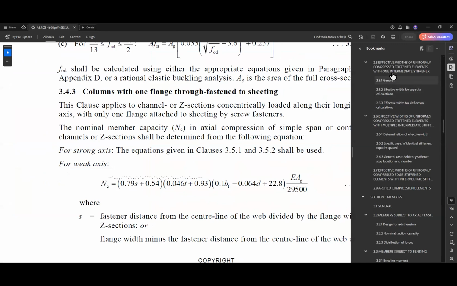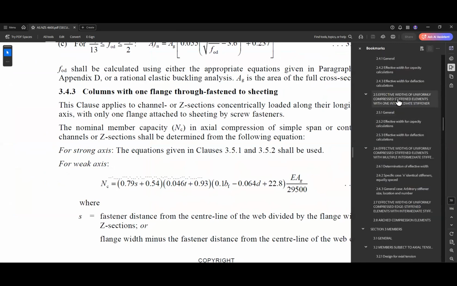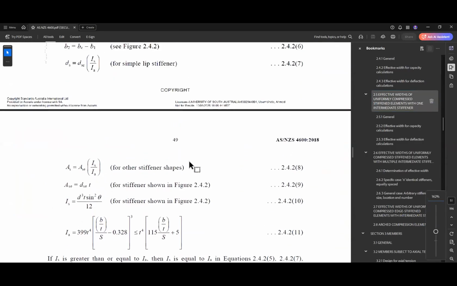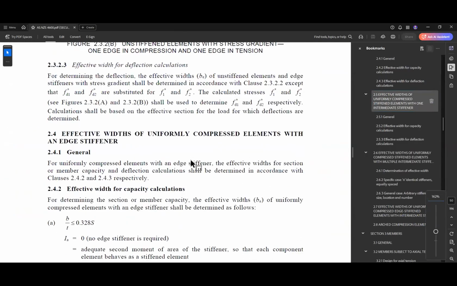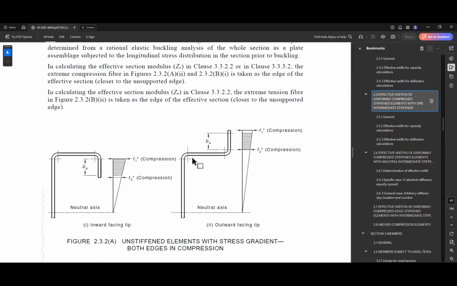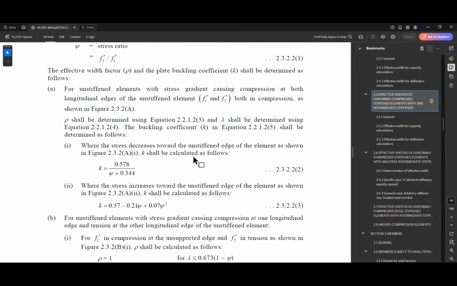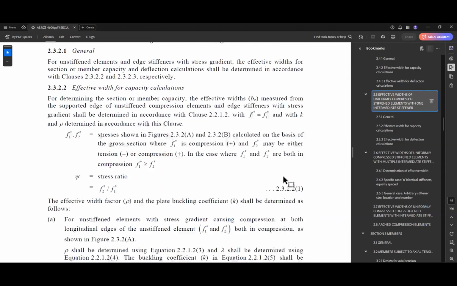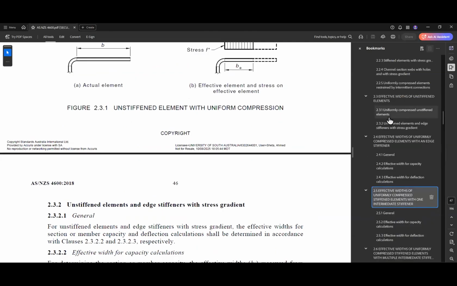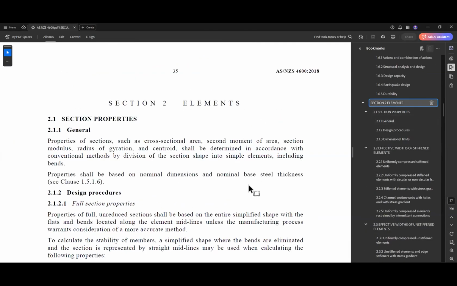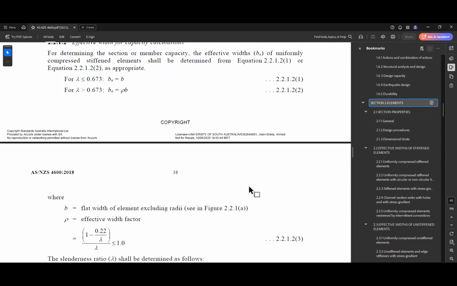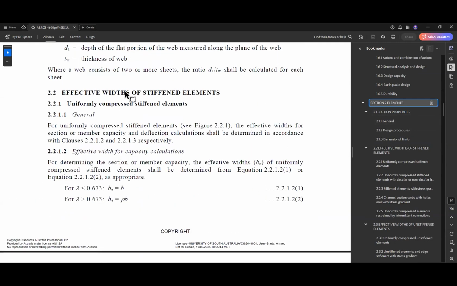In this lecture here, the effective area lecture, it was the lecture before last week's lecture. So section 2 is section properties, effective widths of stiffened elements.